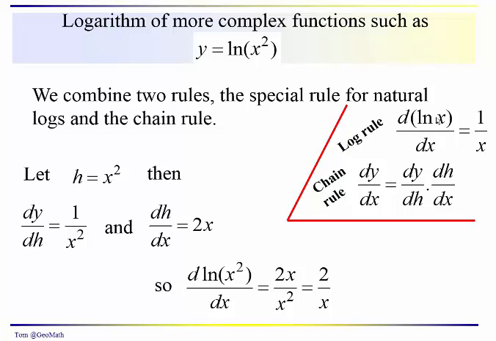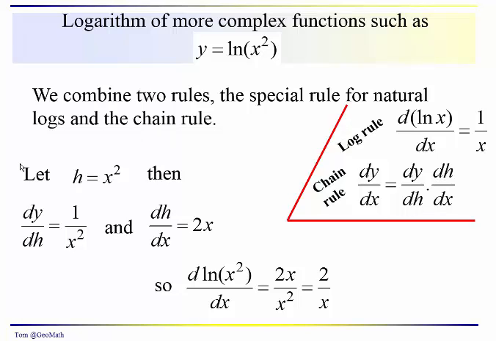We know that the derivative of the log of x is equal to 1 over x, but if this x is a more complex function of x, then we have to chain it. So we have dy dx is equal to dy dh times dh dx.